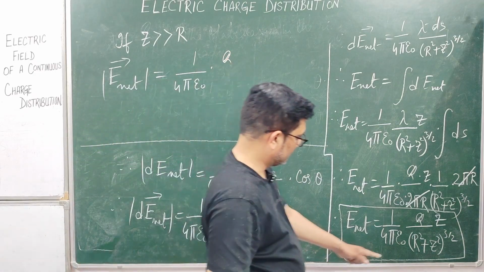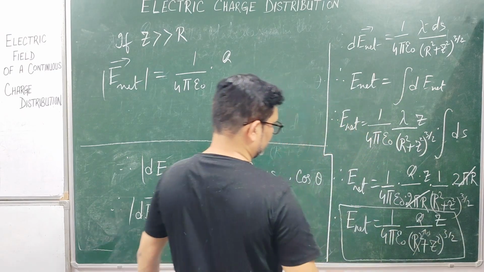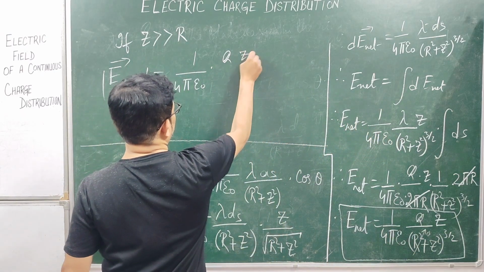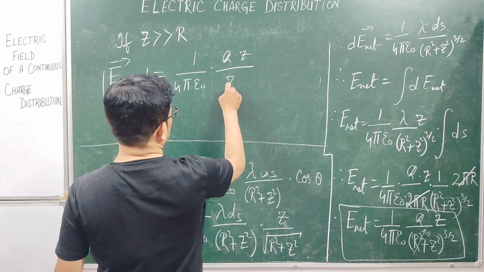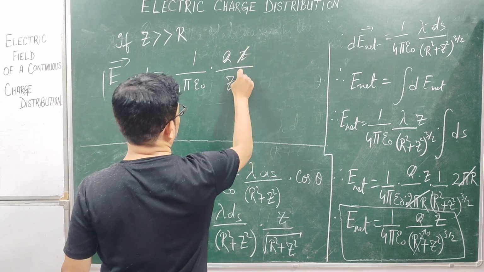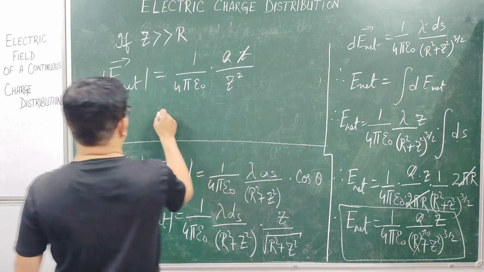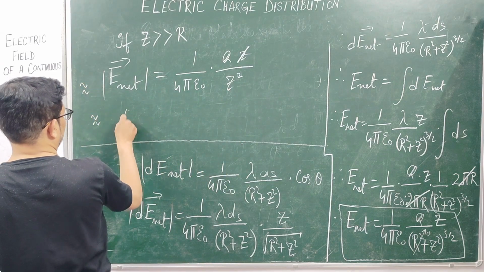Now we can make this r zero here, right? So we'll be left with z, and in the denominator it's going to be z cubed. So z and this would be cancelled out, and finally we'll get this approximated value as E net.